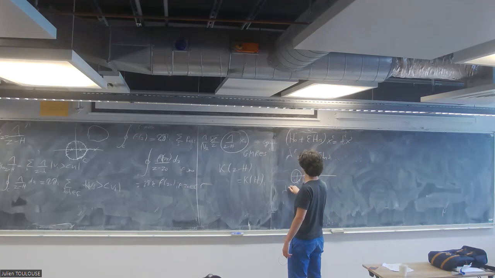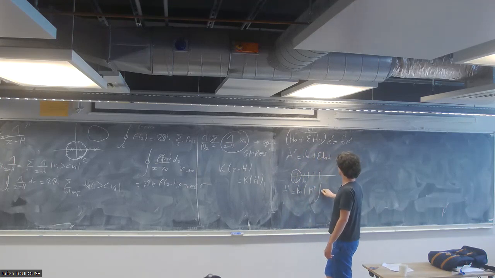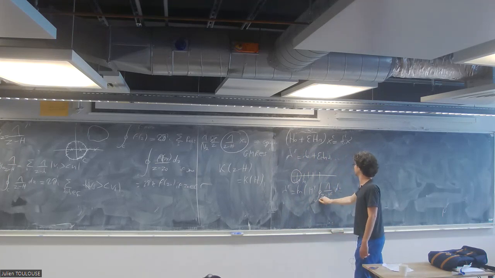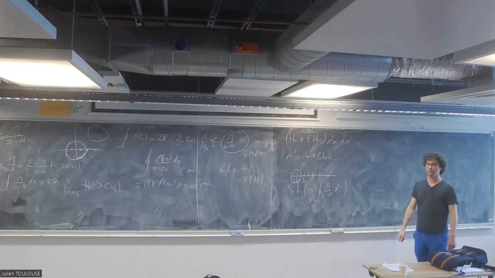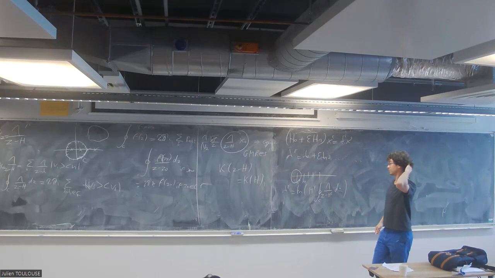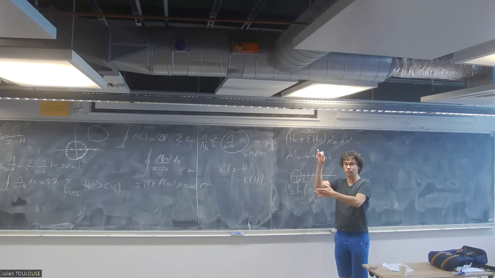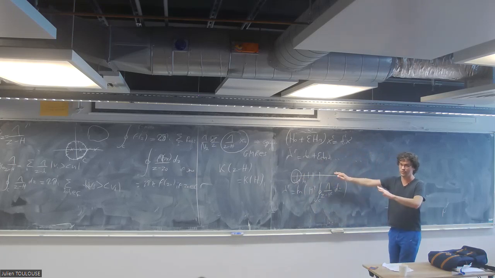So lambda epsilon is nothing else but the trace of H epsilon times the integral of 1 over z minus H epsilon dz. Yes. No, this is just for theory. It's just to prove you pick any contour that goes through the gap. This is not for numerics.